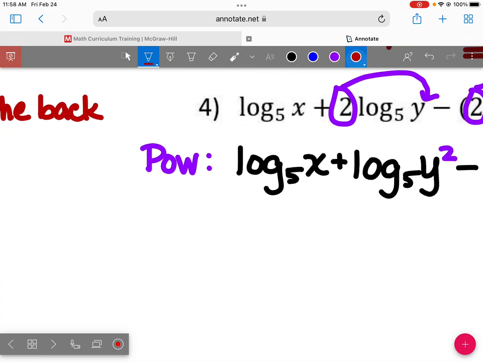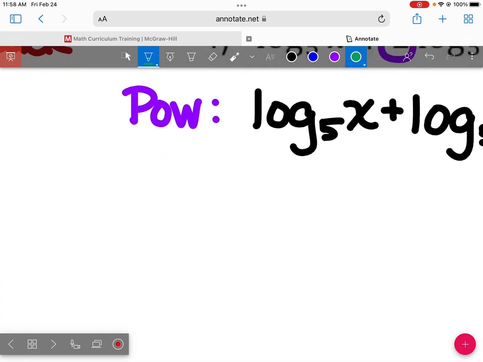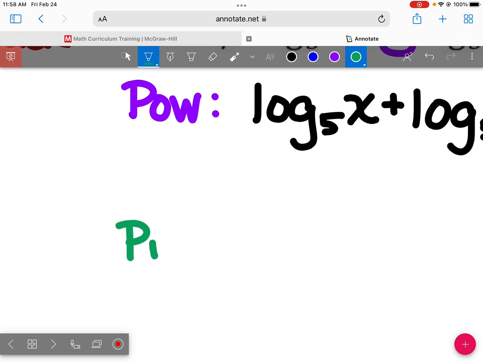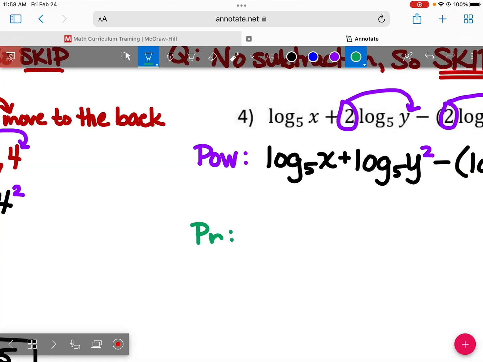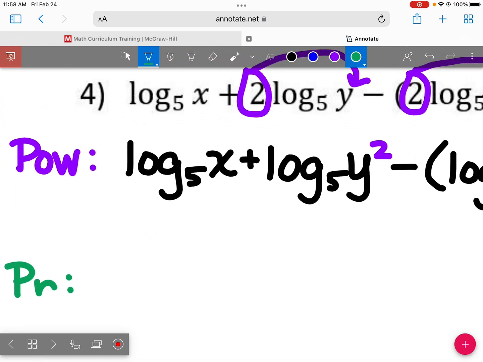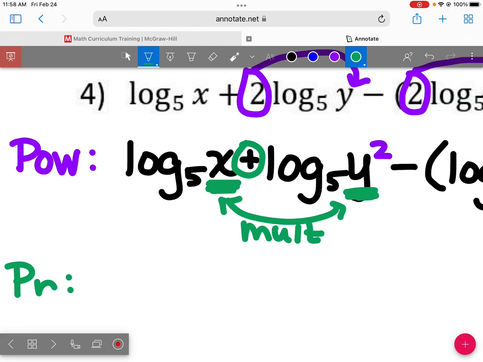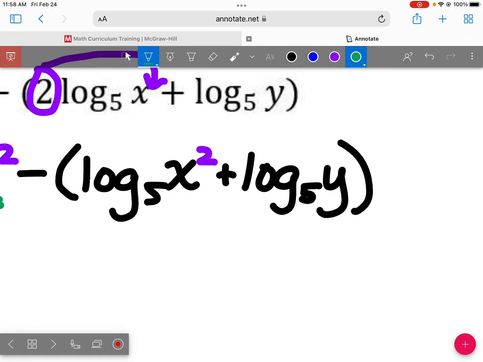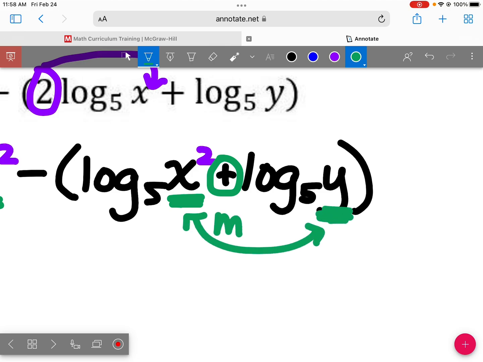All right, after powers, we look for what? Product. Do I need to use the product property? Where do you see plus signs? 1 plus sign right here. So these 2 things are going to get multiplied together. Anywhere else? Inside the parentheses. So these 2 things are going to get multiplied together.